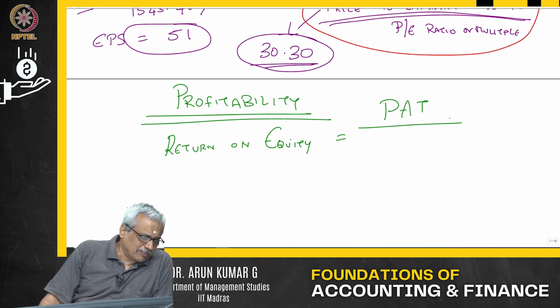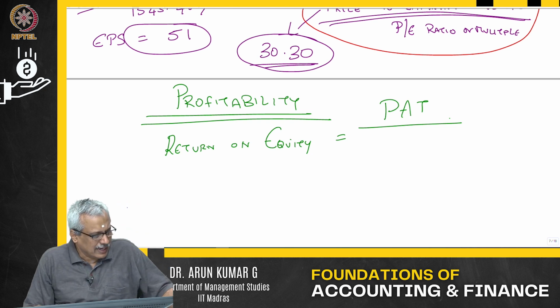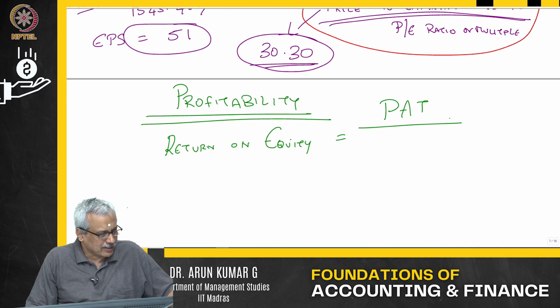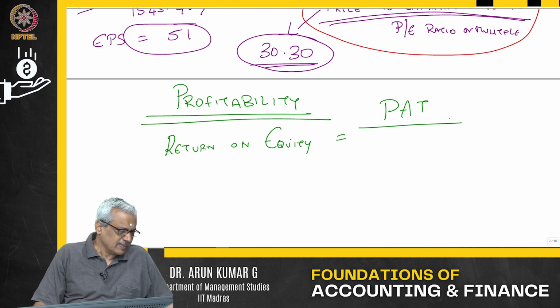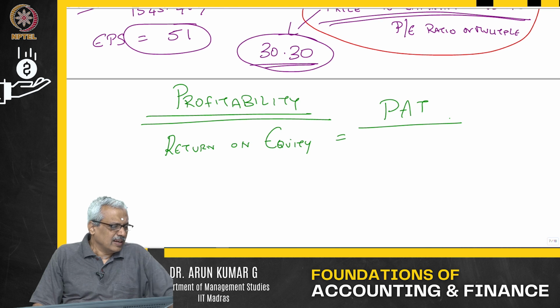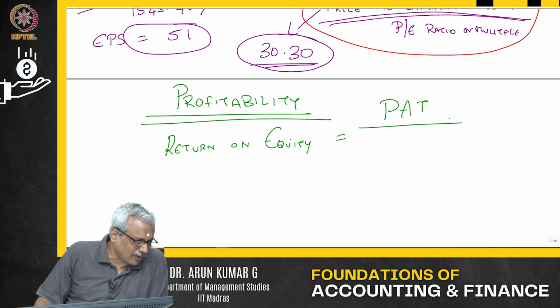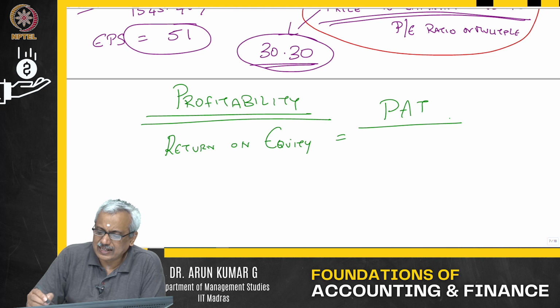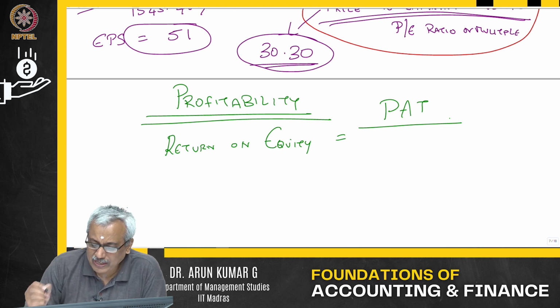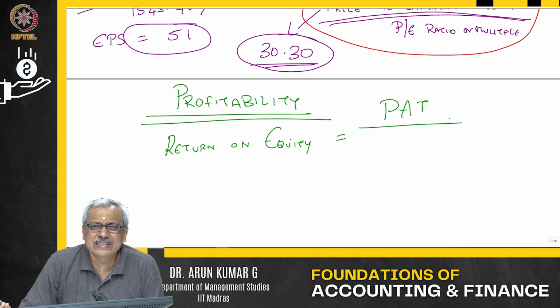PAT is the money that belongs to the equity holders. In this particular case, for return on equity, when I say PAT is the money that belongs to equity holders, what is the denominator? The denominator is obviously the equity capital.